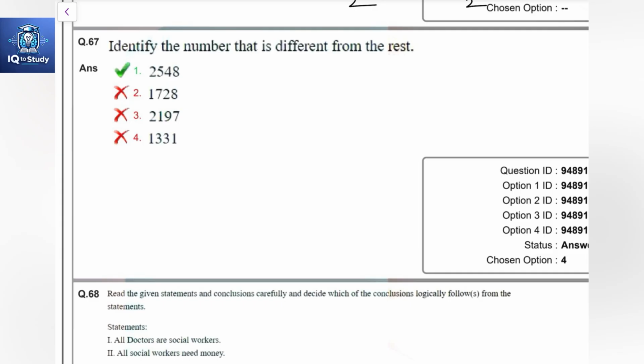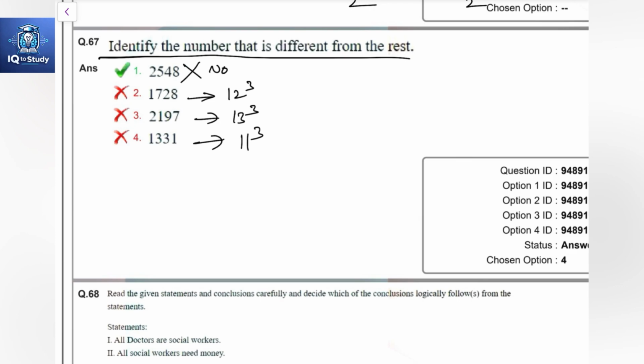Identify the number that is different from the rest. Here 1728 is 12 cube and 2197 is 13 cube and 1331 is 11 cube, and 2548 is not a perfect cube. So option 1 is correct.